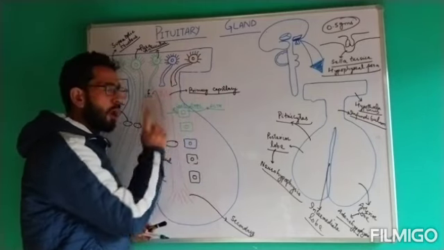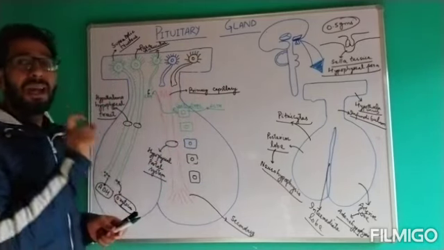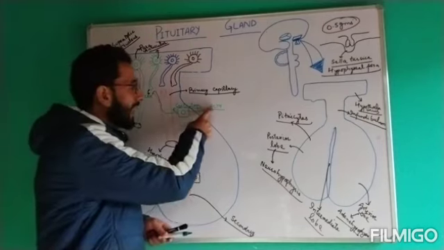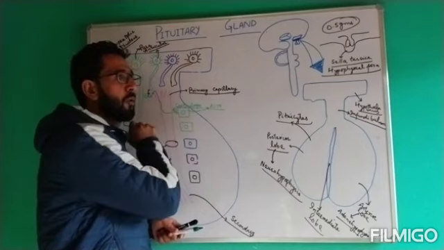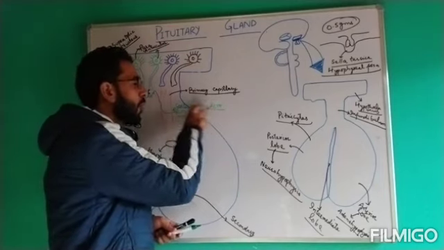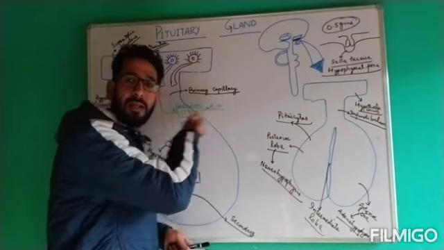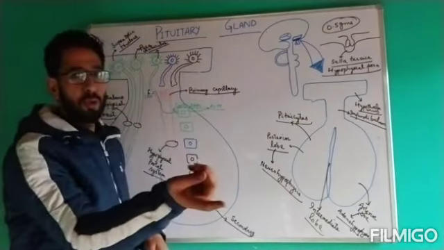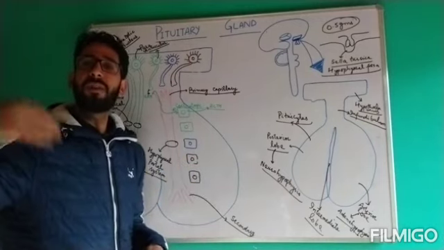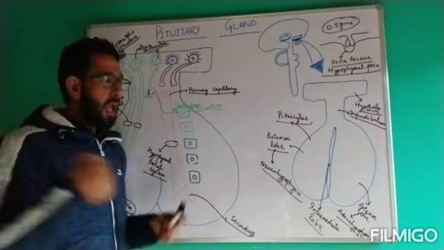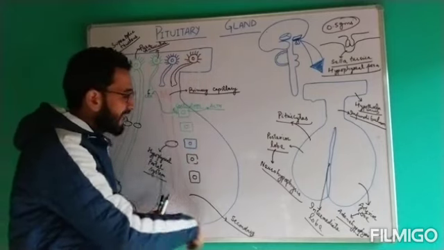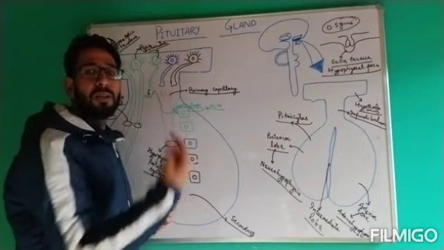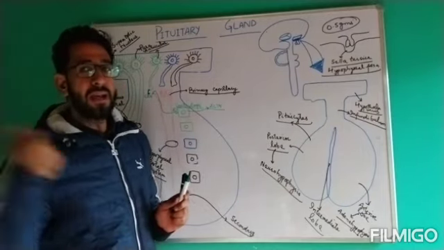Now, the first hormone which we are going to talk about, which is secreted by the anterior pituitary, is the adrenocorticotropic hormone. This hormone goes and stimulates or controls the activity of a different gland in our body. Most of the hormones secreted by this anterior pituitary will go and control the activity of different glands in our body.